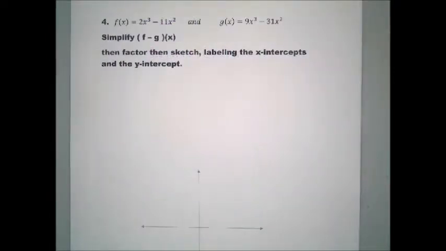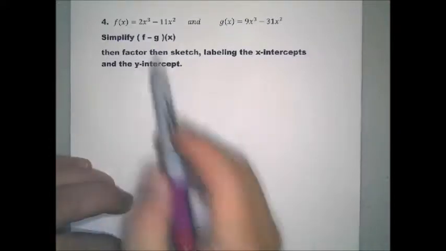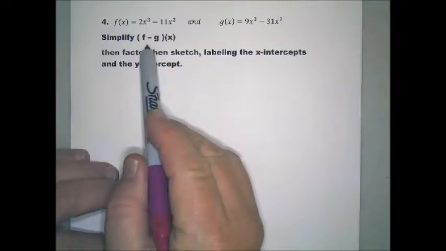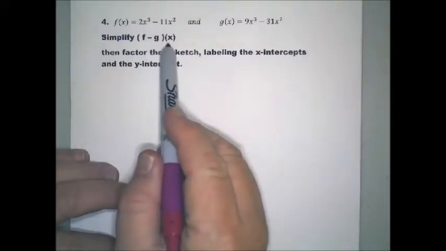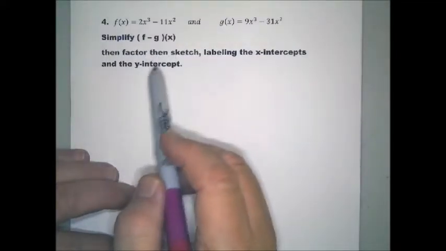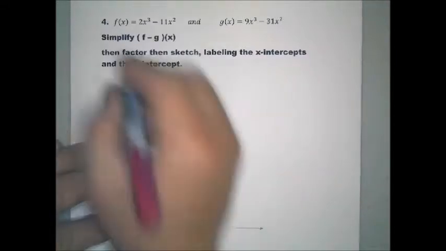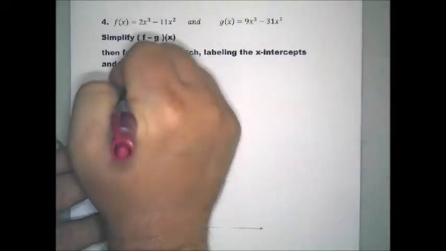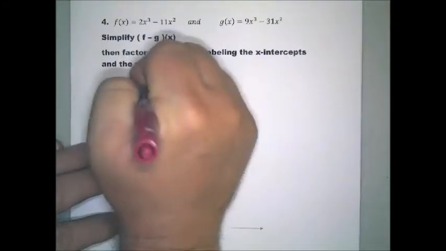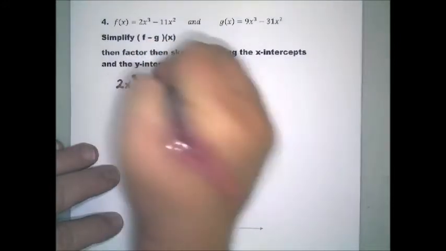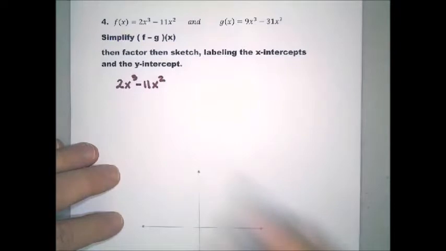On example number 4, we're going to bring graphing back into it. But you can see before we are able to graph it, the instructions tell us take f of x and subtract g of x. Then factor it, then sketch it, labeling the x and the y intercepts. It sounds like a lot, but it really isn't. So let's start with f of x, which is 2x cubed minus 11x squared. And then subtract g of x.